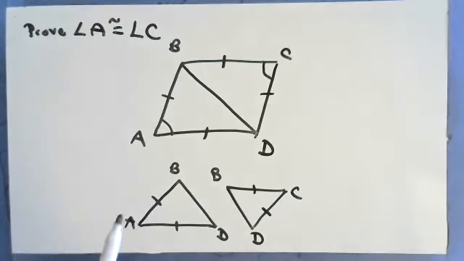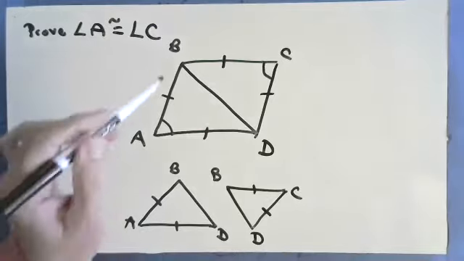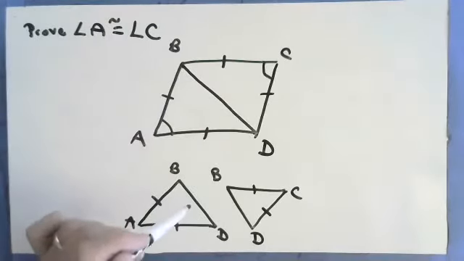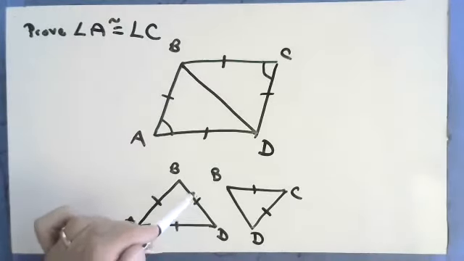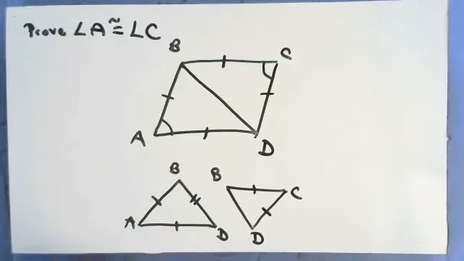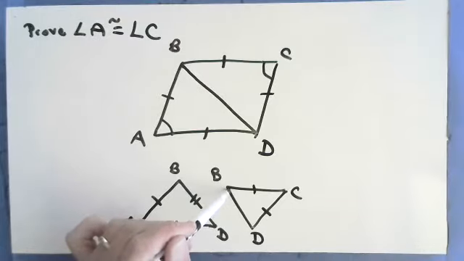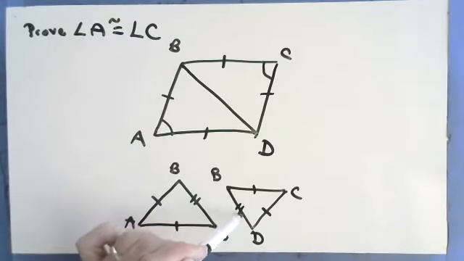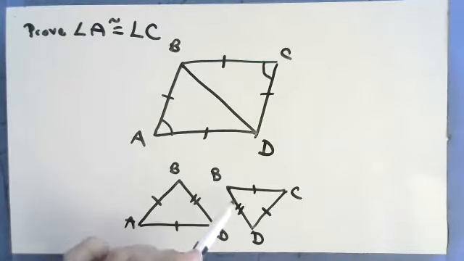But what we do know is that this side is BD, and we don't know what its length is, so we mark it down as separate from these two. But we do know that side BD is congruent to side BD because congruency of line segments is reflexive. The line is congruent to itself.